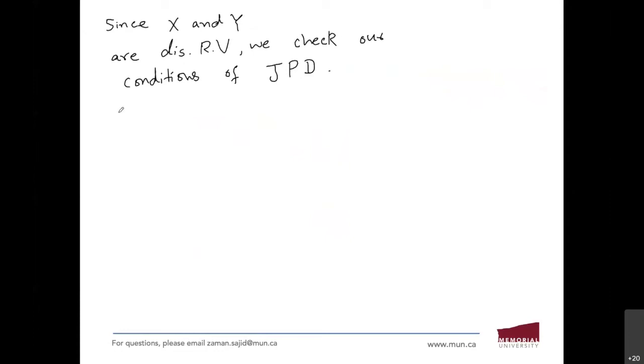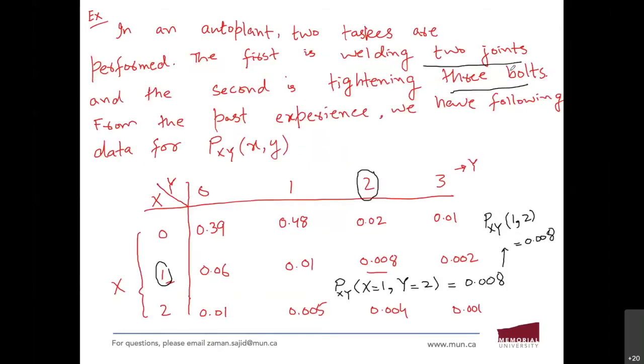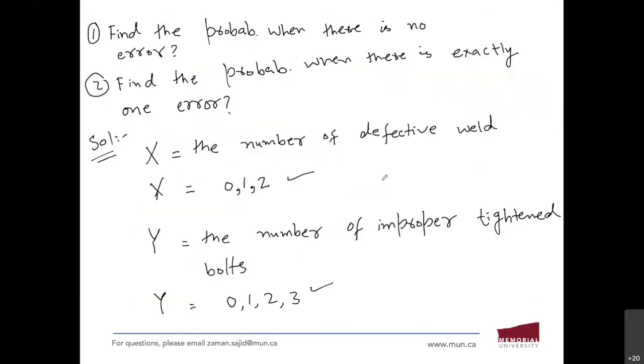Now, what was the first condition? That your P of xy at x comma y should be greater than or equal to 0 for all values of x and y. Now, if we go back to our table here, you can see all the values are greater than or equal to 0. So this condition is met.